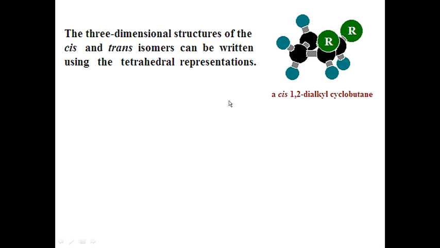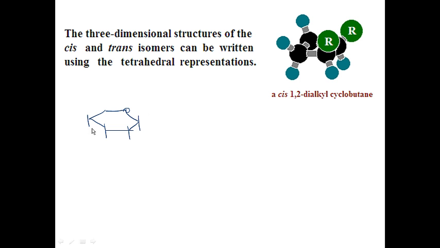So there's a couple ways we can draw out the cis and trans isomers to show the stereochemistry. The first that we could do, and I'm going to change this and do this with a cyclohexane ring, is often in biology you'll see cyclohexane rings actually with an oxygen here.